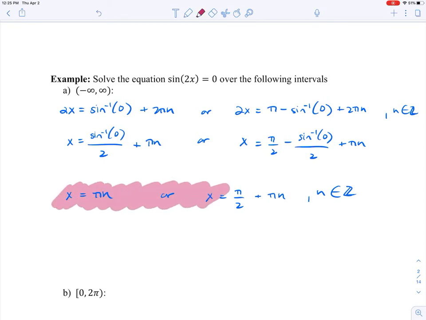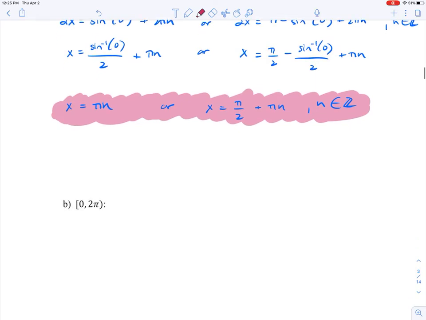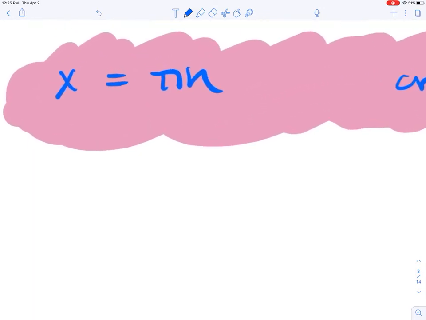Okay, so this is the general solution set to our equation, sine of 2x equals 0. We can use that general solution set to help us determine what the solutions are over the interval from 0 to 2 pi.